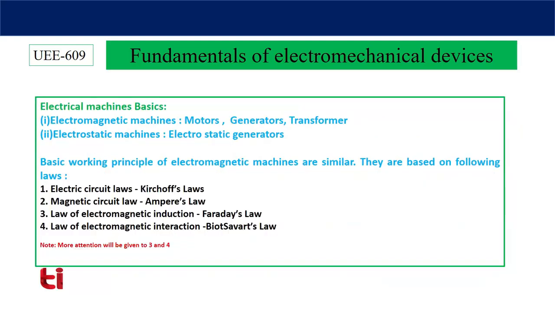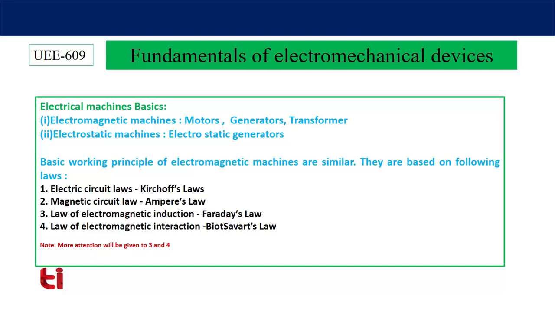Electrical machines basics. Basically, two types of machines are there: electromagnetic machines and electrostatic machines. In electromagnetic machines, we can categorize motors, generators, transformers, and in electrostatic machines, these are electrostatic generators or Van de Graaff generators. But we will focus more on motor, generator, and transformer, as these machines are more popular for electrical drives.